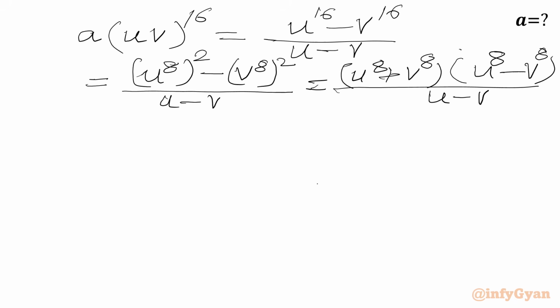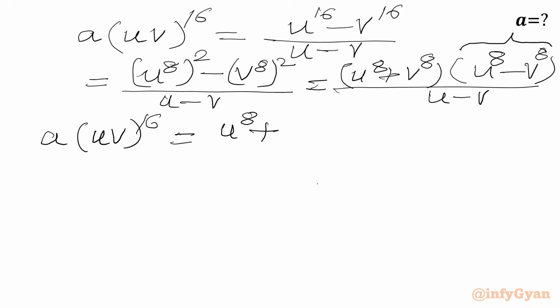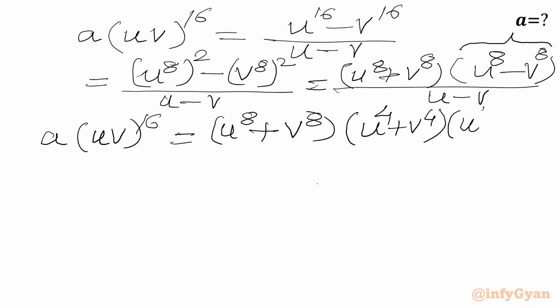Again we use the identity over here, and we can write a·(uv)¹⁶ equal to (u⁸ + v⁸)(u⁴ + v⁴)(u⁴ − v⁴) over u − v.